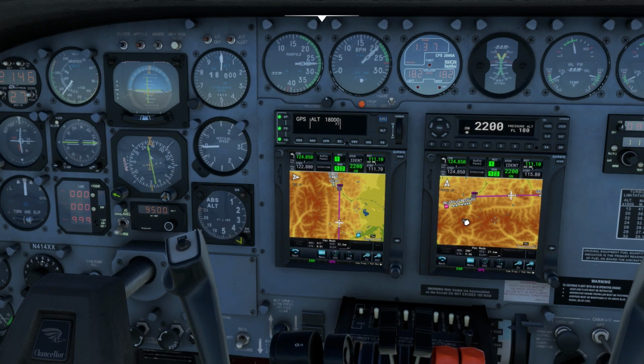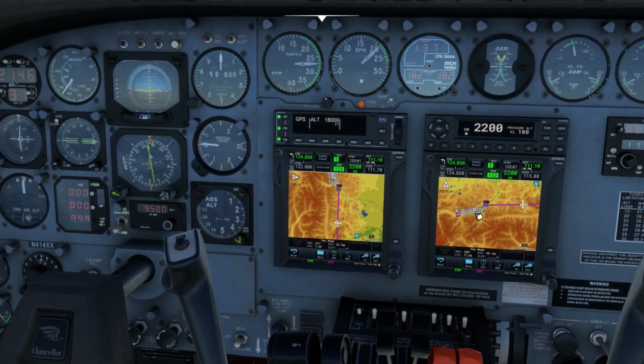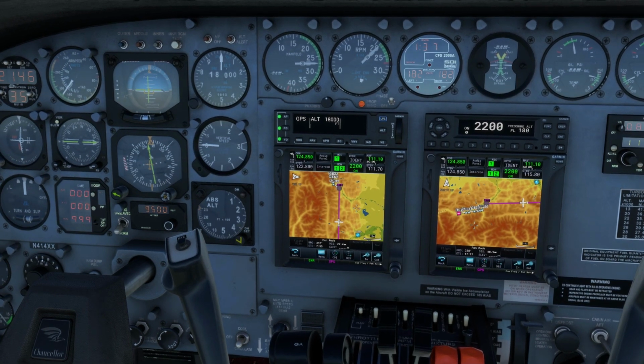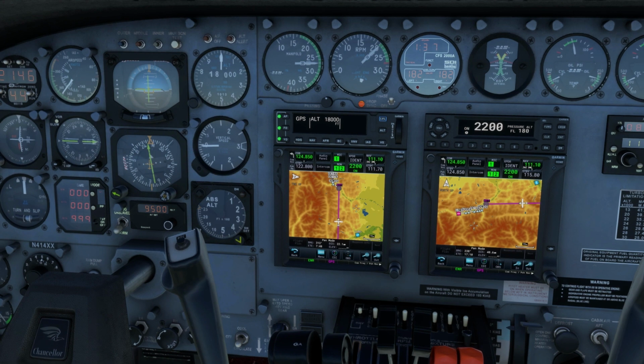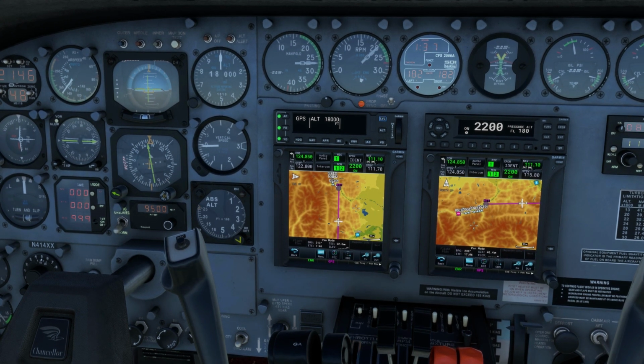Of course, while translating the flight path angle into an actual descent rate, you should use ground speed and not IAS, which I'm gonna use.